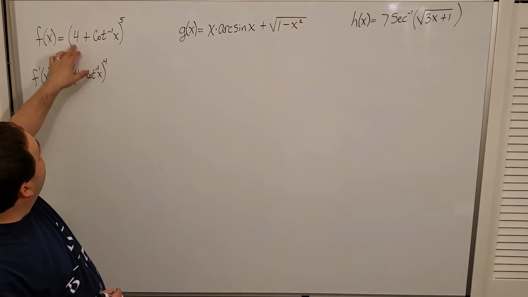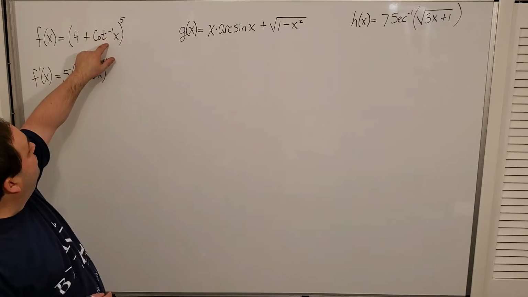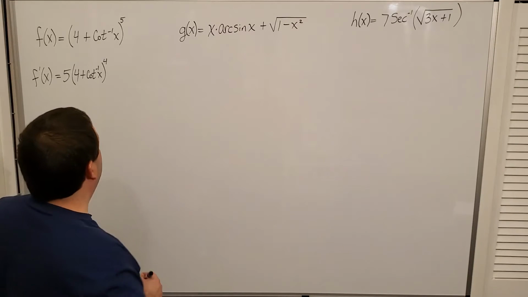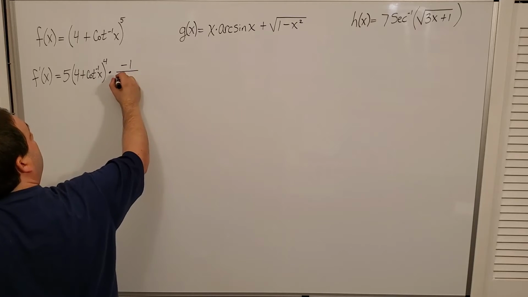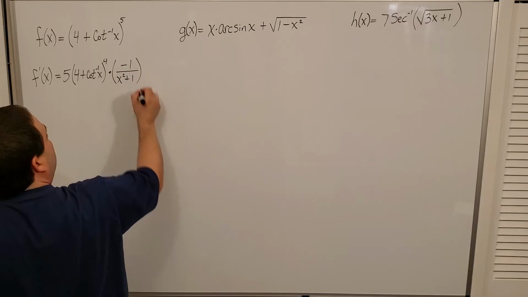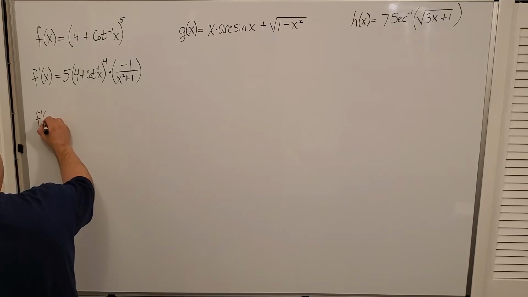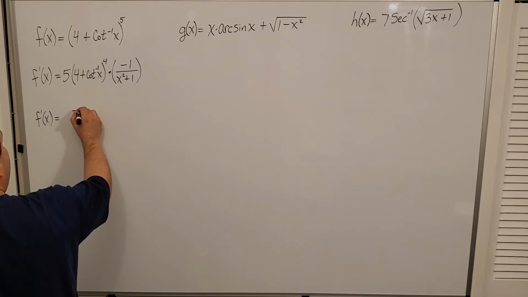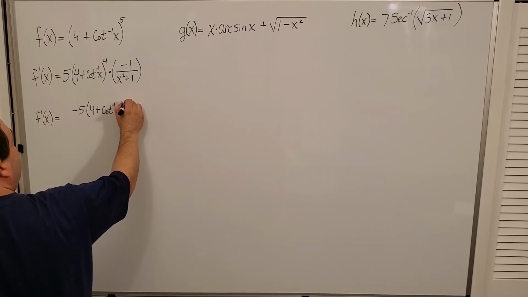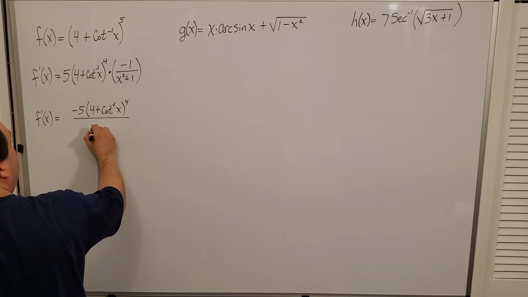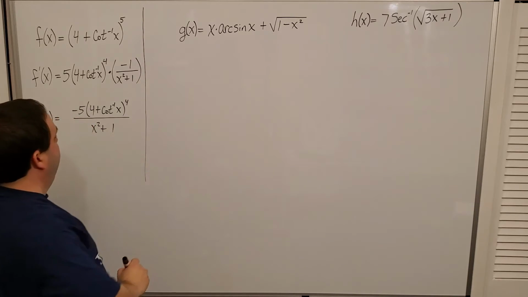So the derivative of the inside function here is 0 plus the derivative of the inverse cotangent, so times negative 1 over x squared plus 1. So we could write it a little bit more concisely: negative 5 times the quantity 4 plus arc cotangent to the 4th, all over x squared plus 1.